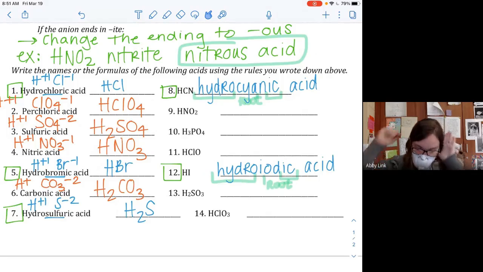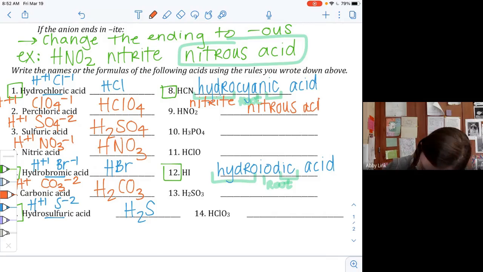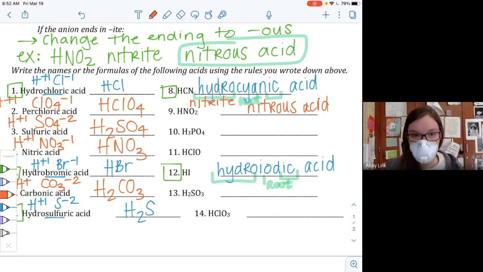All right, here's what I would advise, guys, when you're starting these off, and even maybe next week on your test, you want to write down the name of the polyatomic ion. So NO2, when I see that, I look at my polyatomic ion chart and I recognize that as nitrite. It ends in ITE, so I'm going to change the ending to OUS. So I end up with nitrous acid.